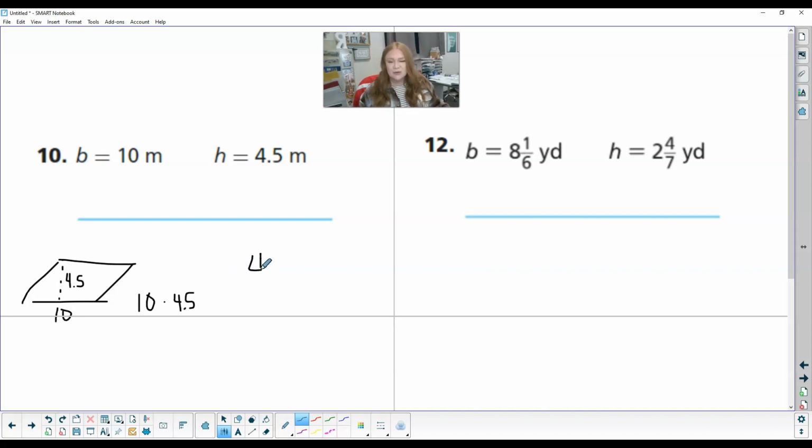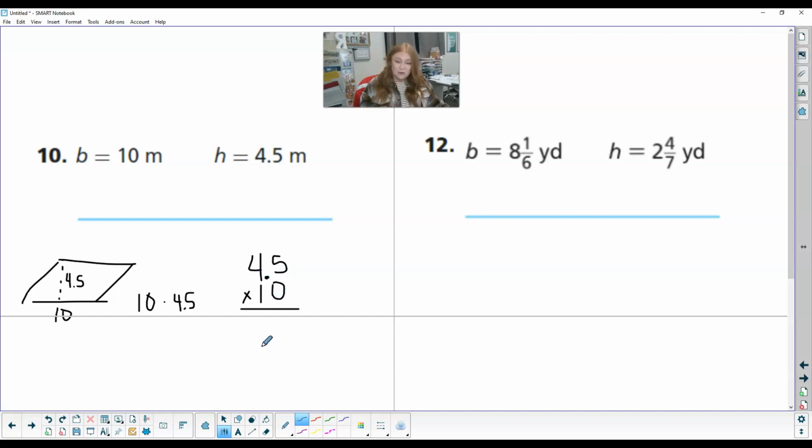So I can just do 4.5 and multiply by 10. I picked 10 because it was easier on the bottom. I just ignore my decimal for now. I'm just doing 45 times 10. Once I'm done, I'm going to make it 10 times smaller and move that decimal one place, so instead of 45, it's 4.5.